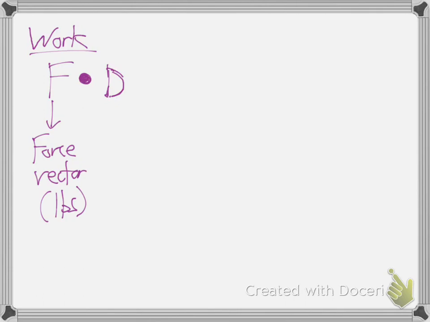It's newtons in metric, but we're not going to do metric. And distance is almost always going to be feet. But careful, this isn't just distance, it's a distance vector in feet. So they both have I and j, in other words. Maybe j is 0, but they both have an I and a j. They're both vectors. They're not scalars. Those are not numbers. They're both vectors.